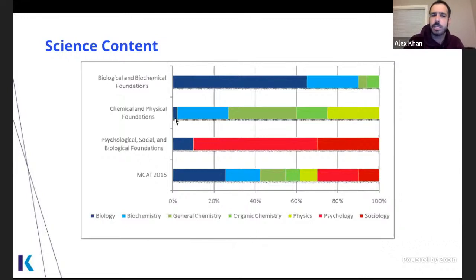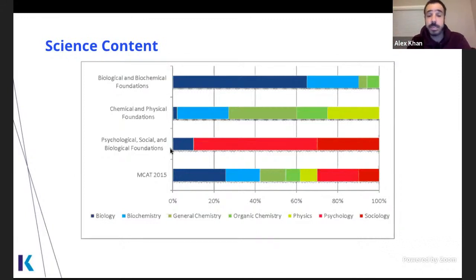There's a small percentage in the chem and phys, and also a sizable, significant portion of the psychology and sociology section, right? So that's why our big emphasis when we're working towards MCAT success is not just going to be on mastering each section individually, but rather we need to be learning science in general, and learn to expect it in a bunch of different circumstances.